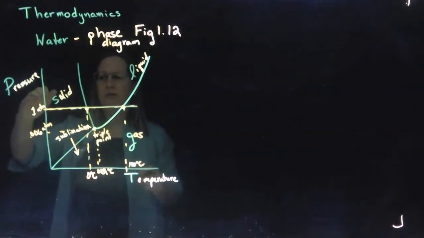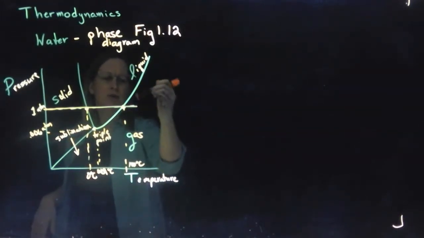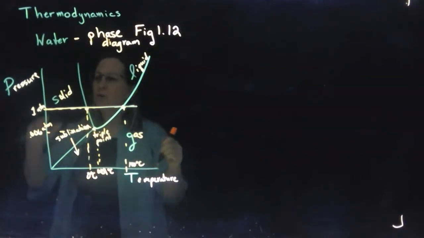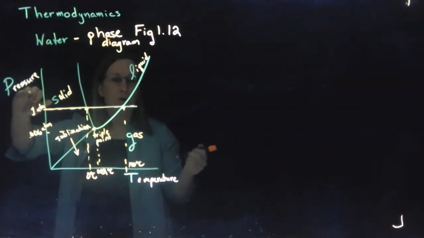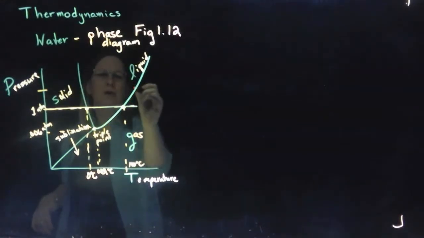But notice if we increase the pressure, we can increase the temperature of the liquid before we get to a gas phase. This is the idea behind pressure cookers, right? It moves you up, so up here, for example.